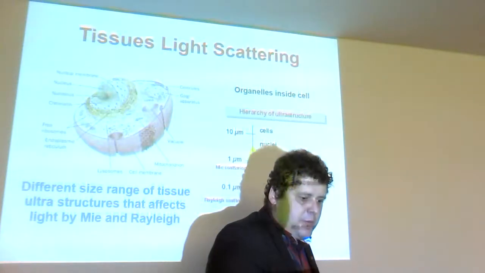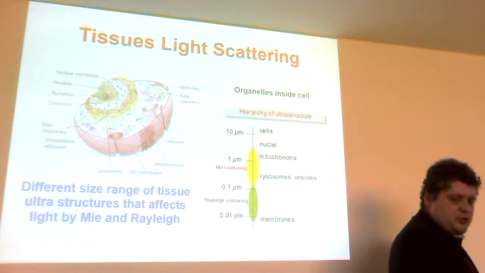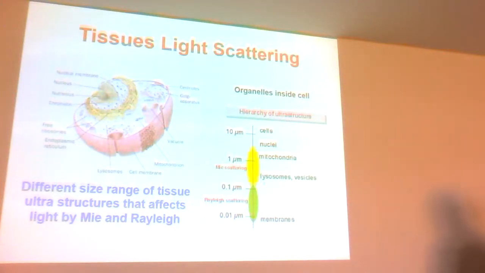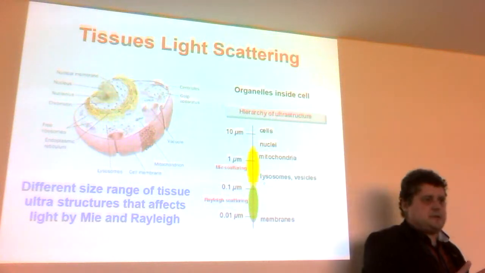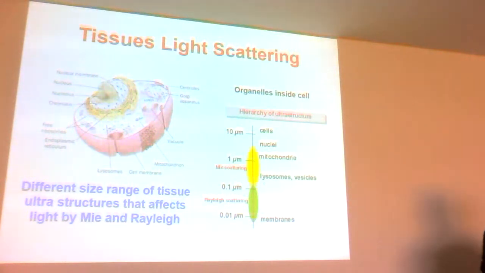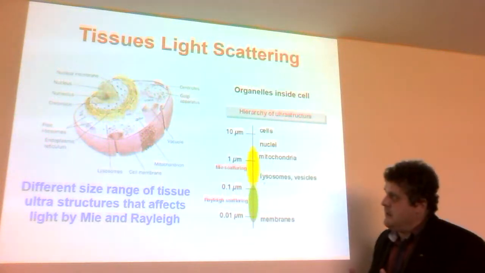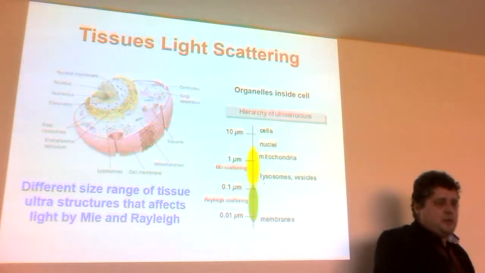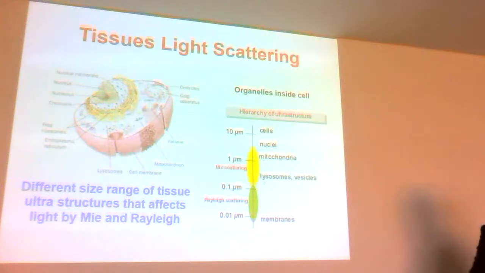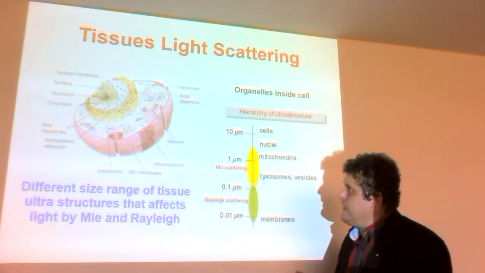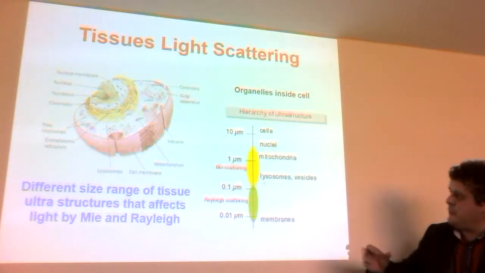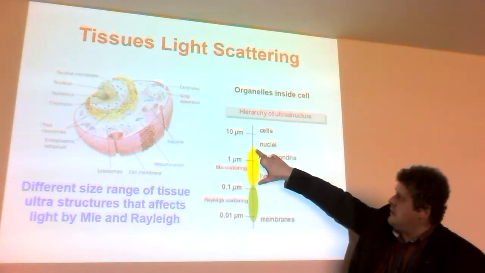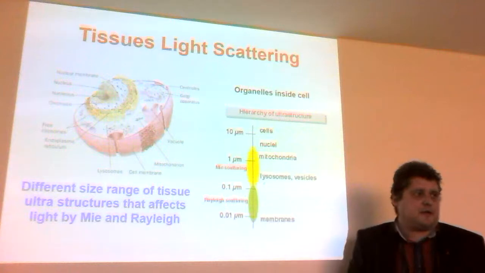Imagine we consider tissue in terms of light scattering. There was enough evidence that under normal conditions, if we consider the cell and what parts of the cell scatter the light, basically it's the nucleus. And normal cells are very much in the Mie scattering regime.